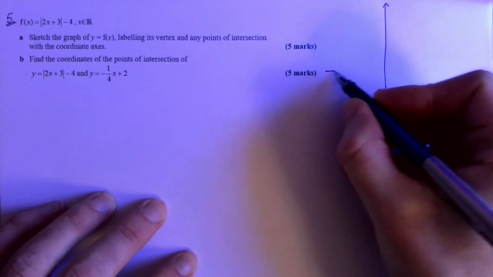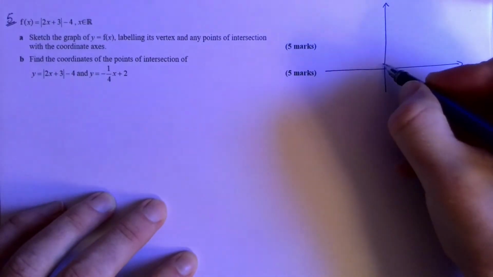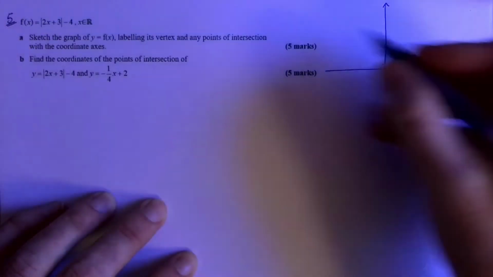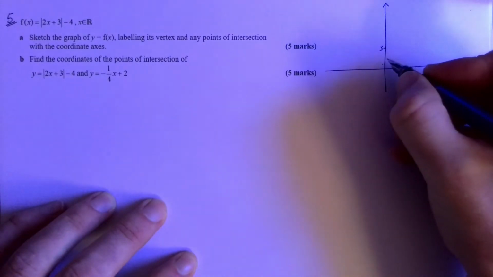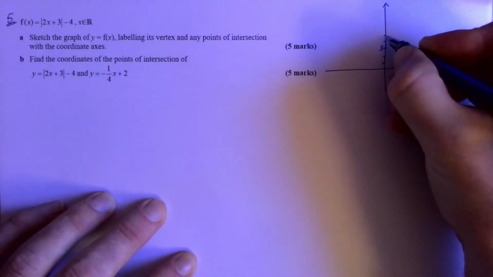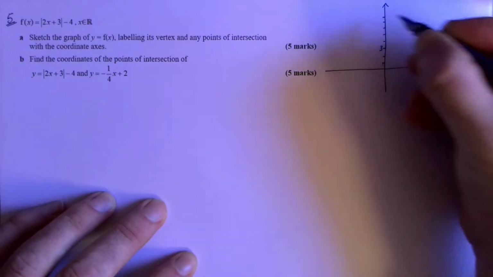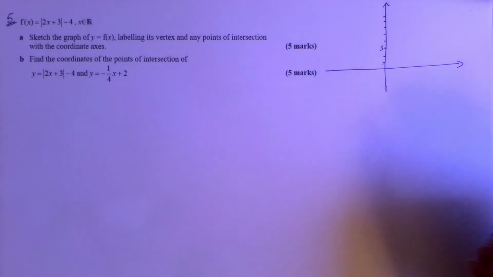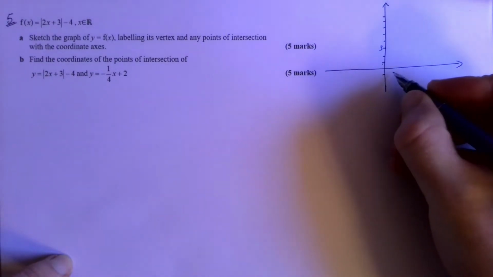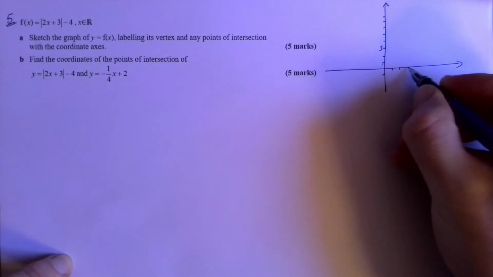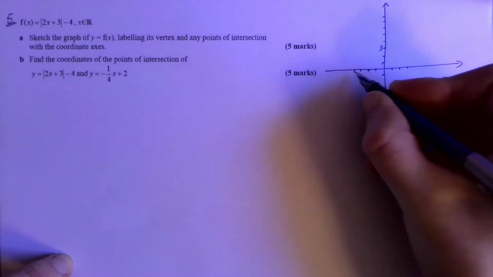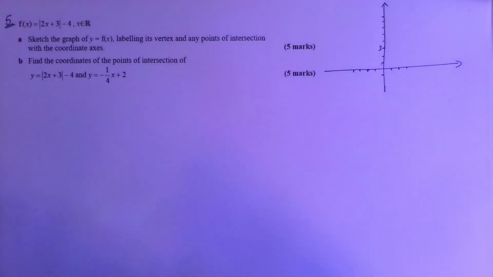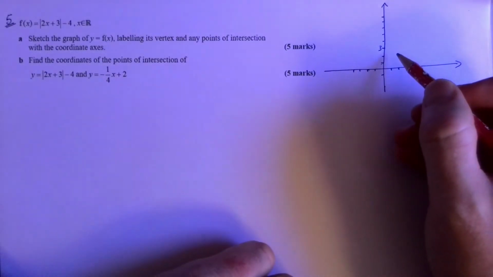So I would just start by putting in, I know that 3 is going to be significant because that's the y-intercept, so I'm just going to put that in, 4, 5, 6, 7, 8. Then I'm going to sketch using my pencil first of all, so I can get rid of it if I want to.